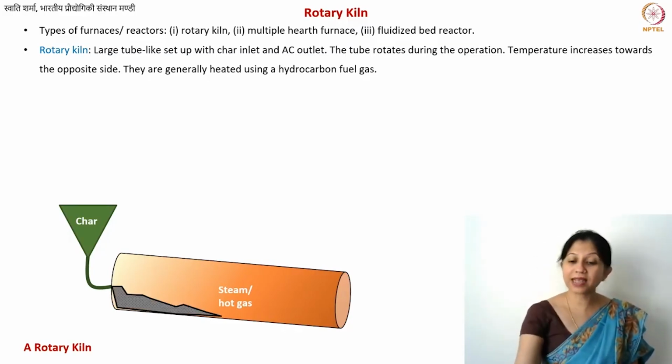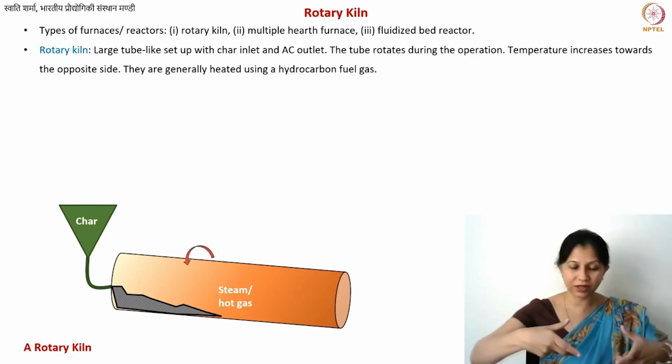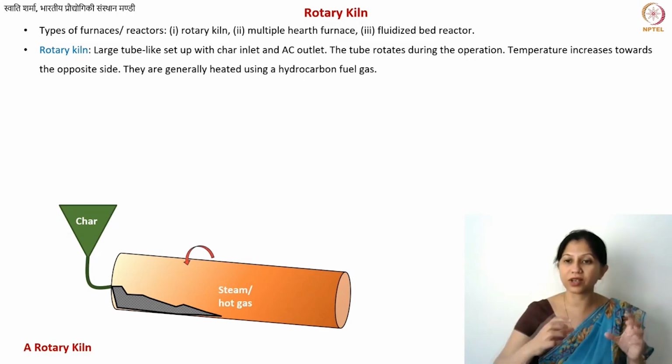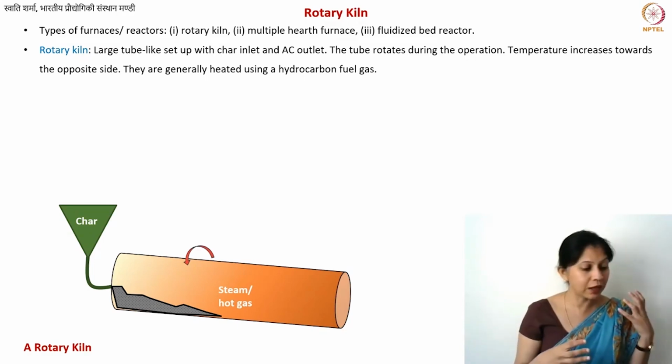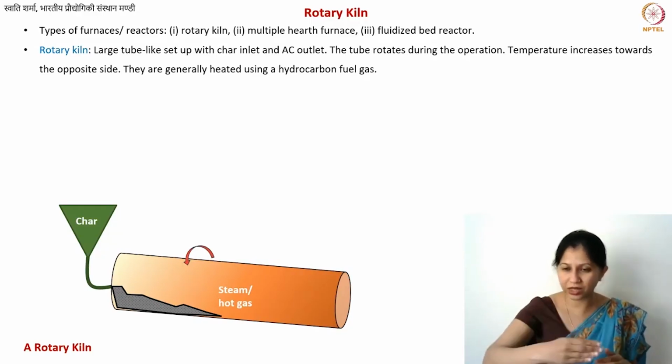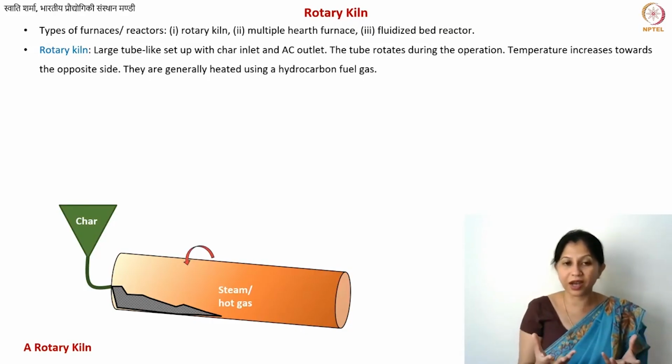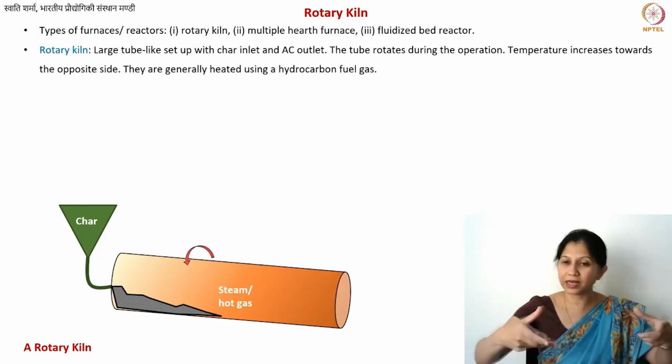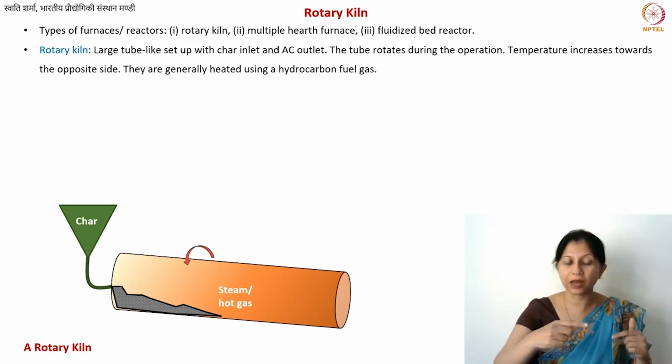Now, as the name suggests, this is a rotary kiln, so the entire cylinder keeps rotating. If you've seen cement or concrete making on a construction site, you see these rotating devices for mixing. So here the entire thing rotates, so that your material, your char inside, keeps on rotating.